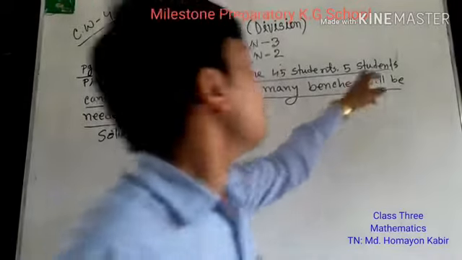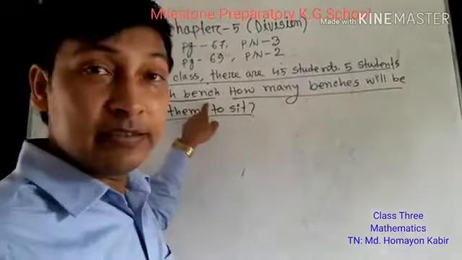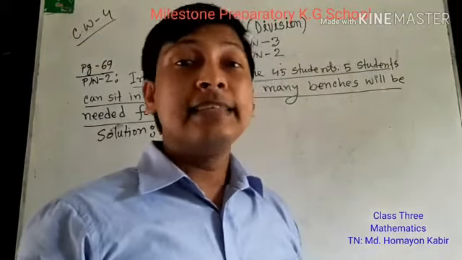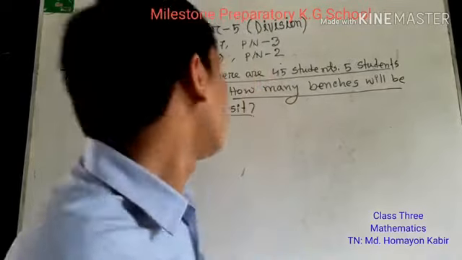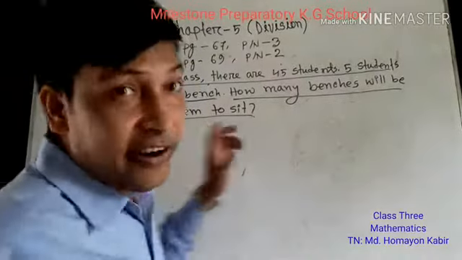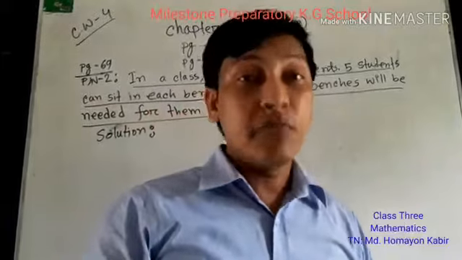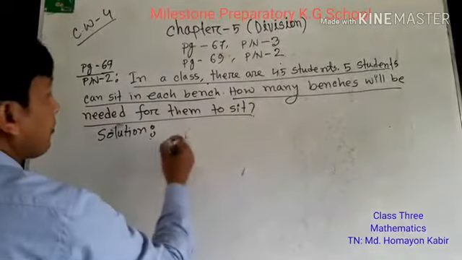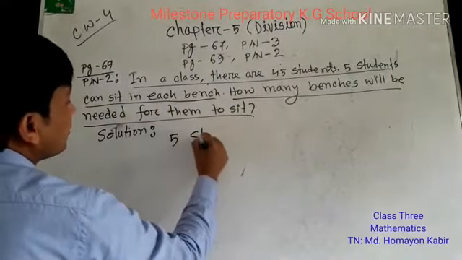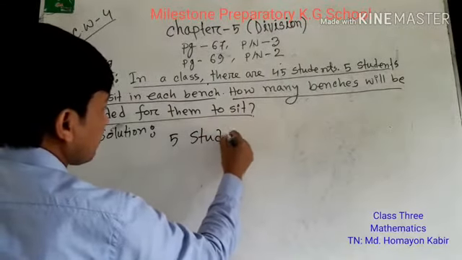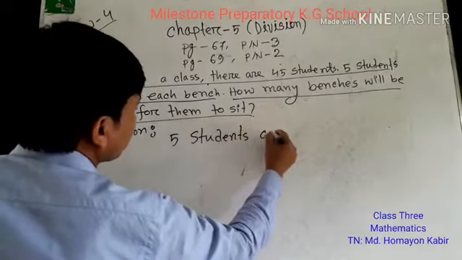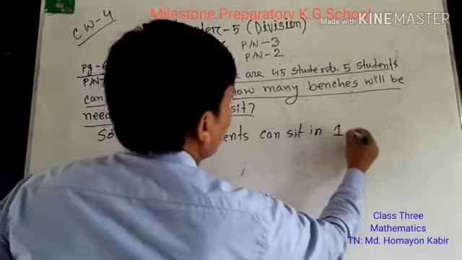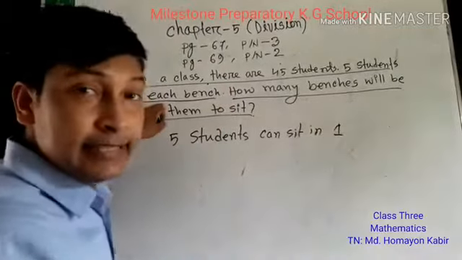Look here, we have 5 students can sit in one bench. So 45 students can sit in how many benches? We can find it easily by doing division. Look here, students. 5 students in one. Is means what?